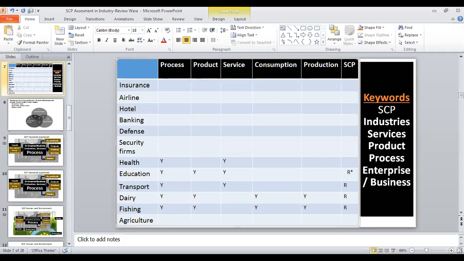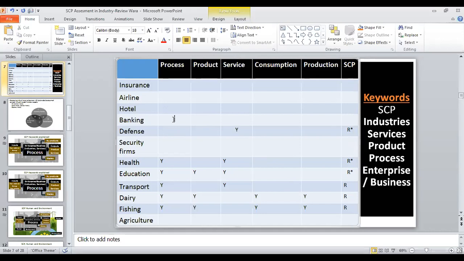Consumption and production, no, but you are receiving the services, and there are sustainability aspects. Those are more challenging. Defense is purely a service. Yes, this can have sustainability aspects. There is a relevance, but as it is not production, I put R star.